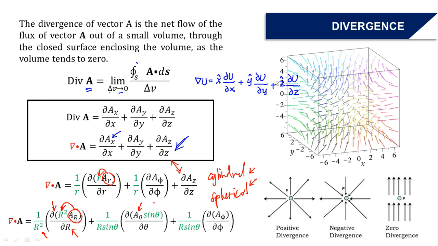I-multiply natin yan sa sine theta, then tsaka natin kukunin yung partial derivative with respect to theta. Alright? Plus 1 over R sine theta times the partial derivative of A sub phi with respect to phi. Ayan. So, yan na yung ating mga formulas na gagamitin.